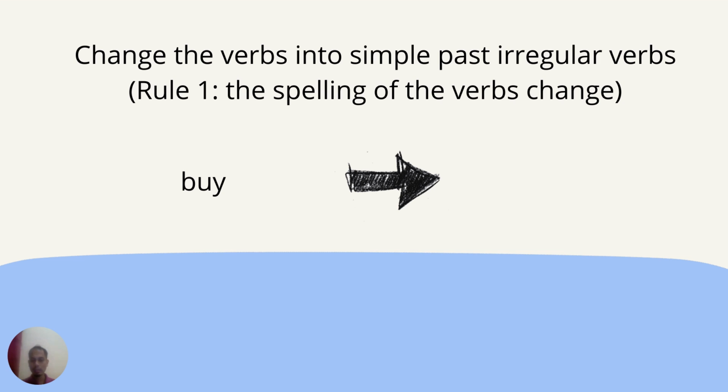Remember this is still under rule number one, which is the spelling of the verbs change. Nice. The past tense form for buy is bought. Repeat after me, class. Bought. Okay, good.